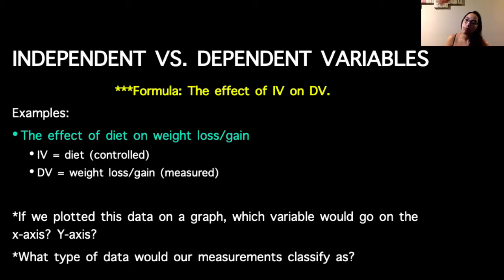So again, you can pause. Here are the answers, right? Again, the x-axis is associated with the independent variable. The y-axis would be associated with the dependent variable. And then the type of data we have here is diet, or type of diet, which would be considered nominal or categorical, right?